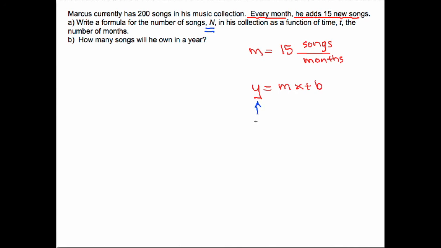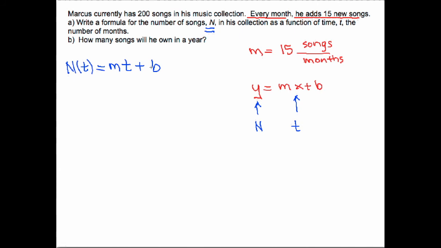That's the number of songs. The input, well, it's a function of time, t. So this means we want to find n of t. And this will be equal to m times t plus b, a blue b instead of a red b, a different b here.